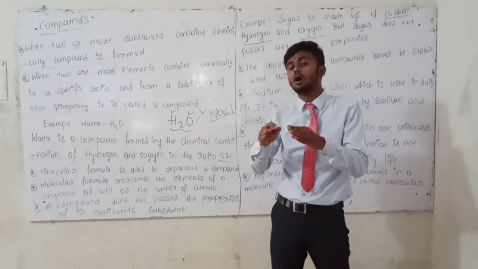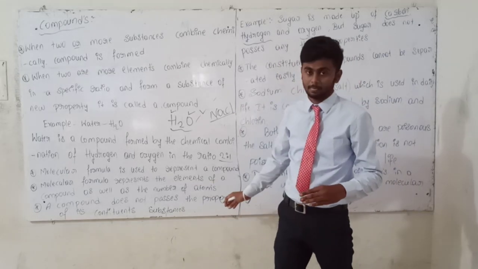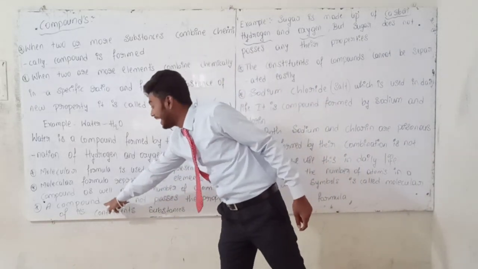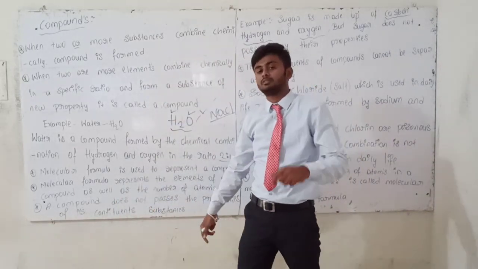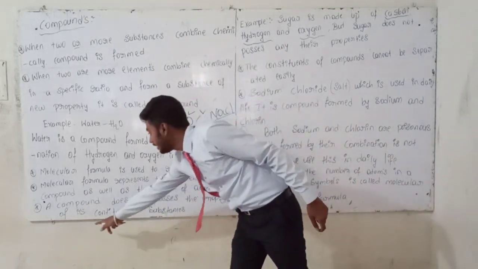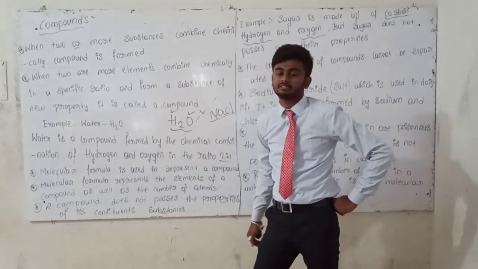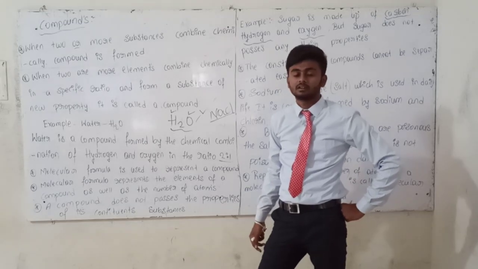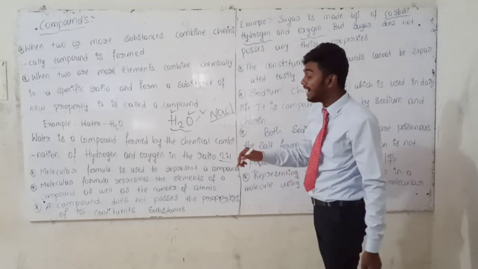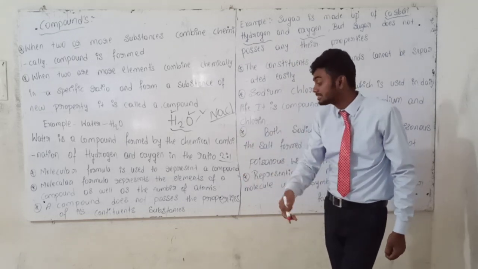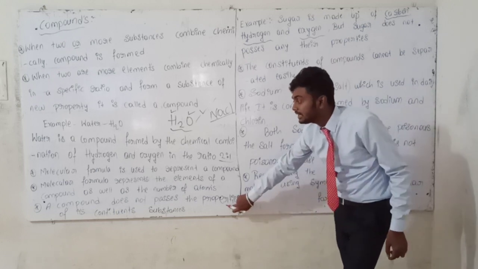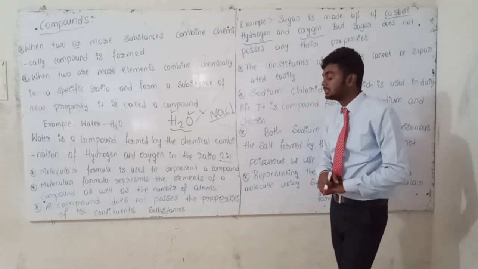In one compound, two or more elements are there, but their characters are different from the compound's. The compound has different types of elements, but the compound does not possess their properties.